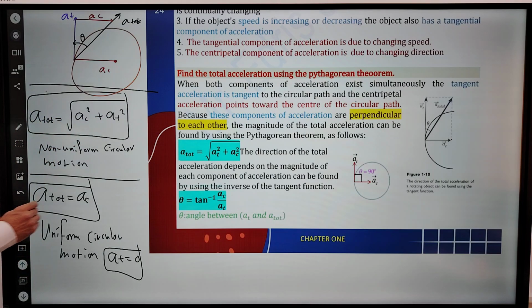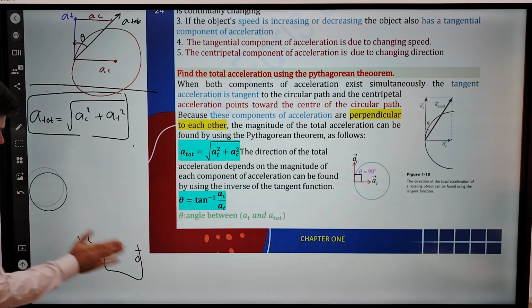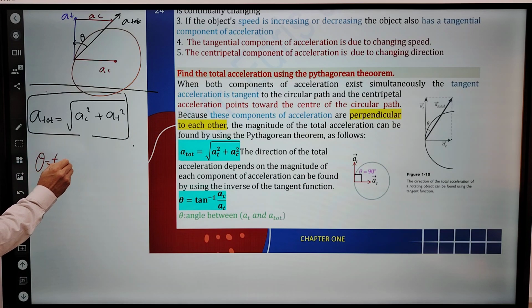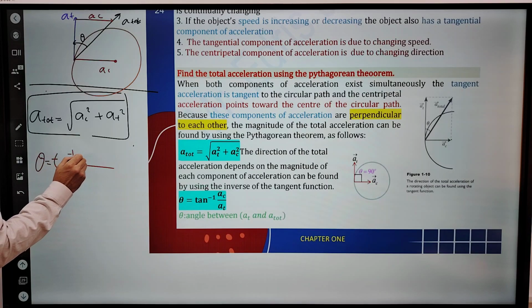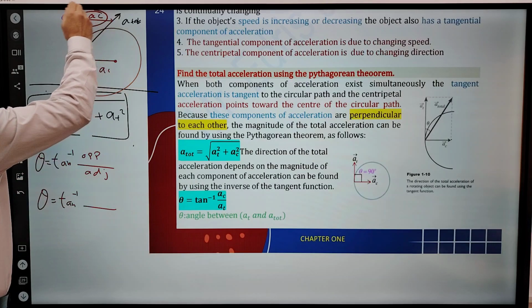To find the angle, tangent of the angle is equal to opposite over adjacent. What do we have in the opposite of this angle?